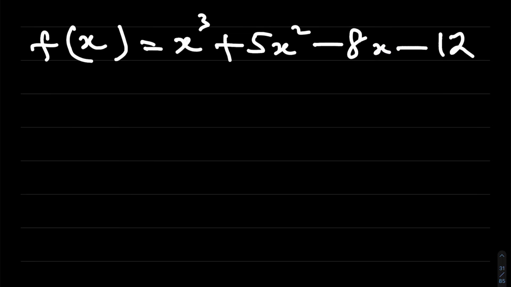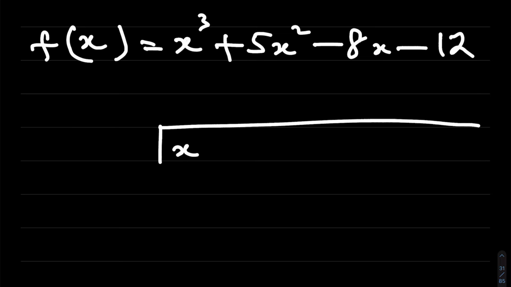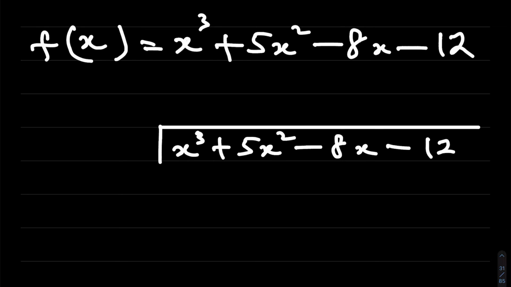Now, how do I find the quotient when it is divided by x minus 4? I just divide: dividing f of x by x minus 4. X cubed plus 5x squared minus 8x minus 12 divided by x minus 4.